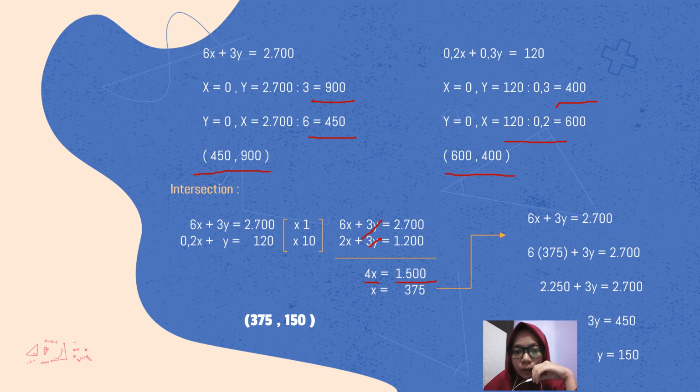So x is equal to 1,500 divided by 4, and the result is 375. To find the value of y, we put the value of x into the first equation, and we find y is equal to 150. So the intersection point is 375, 150.